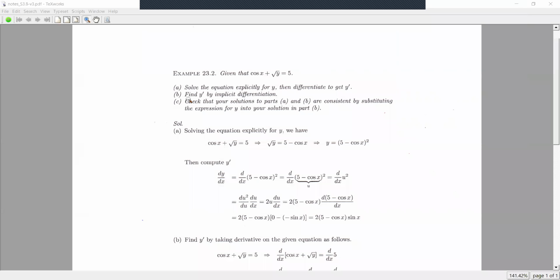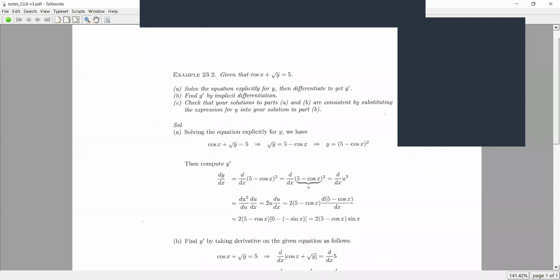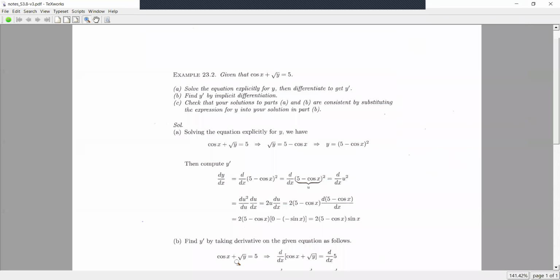Part B. Find the derivative of y by implicit differentiation. That is, don't solve the equation for y and then compute the derivative. Instead, take the derivative of the equation to get the derivative. Now, take the derivative of both sides of the given equation.